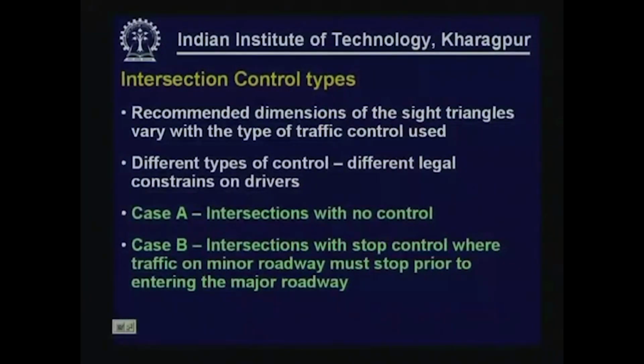Now, intersection control types. Recommended dimensions of the sight triangles vary with the traffic control used. I have mentioned this point even earlier also. The required sight distance very much depends on the type of control used for the intersection.